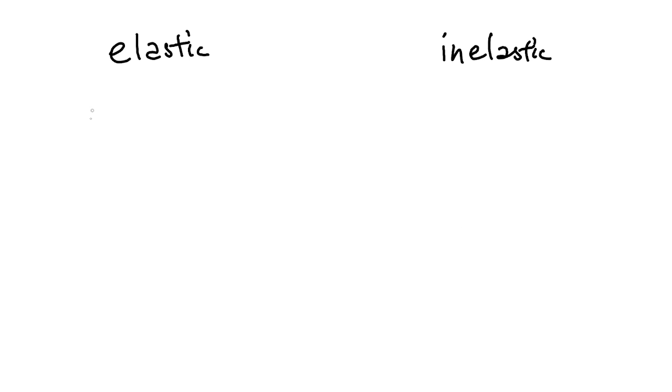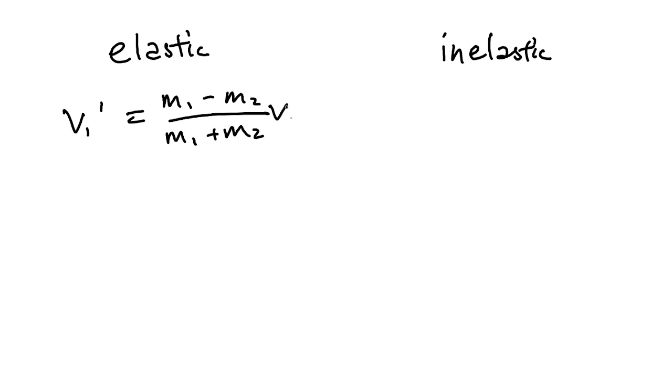So we have our formula, which is v1 prime is going to be equal to m1 minus m2 over m1 plus m2 times v1. Remember that m2, this is going to be a big thing, so I'm going to use red. m2 is equal to alpha m1, where alpha is less than 1, right?